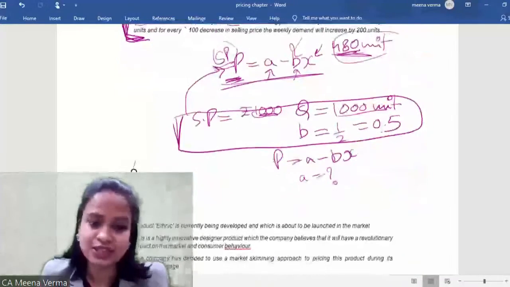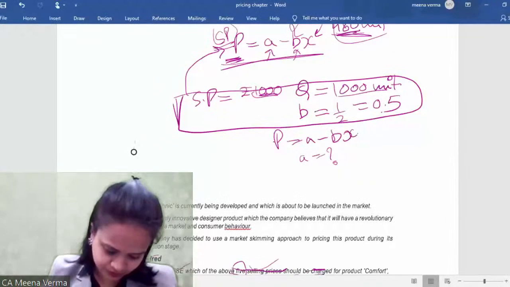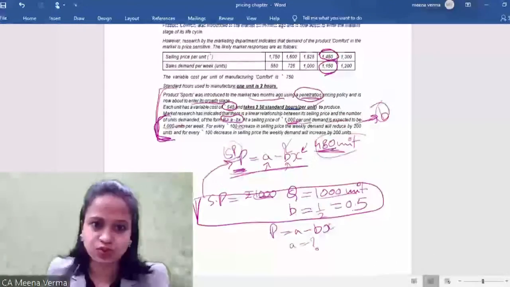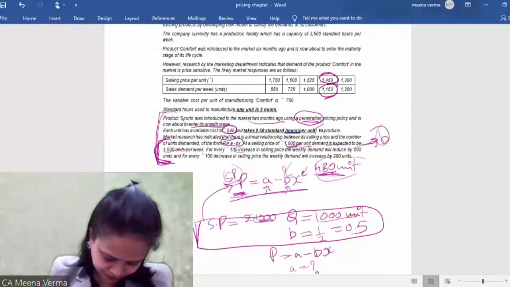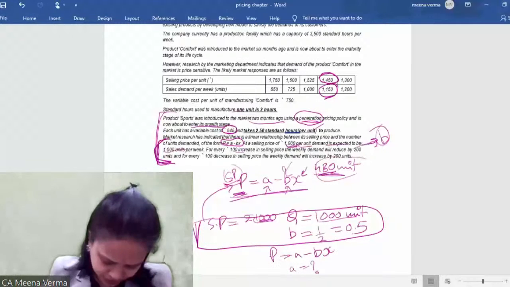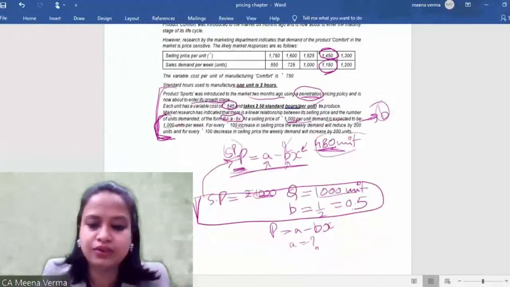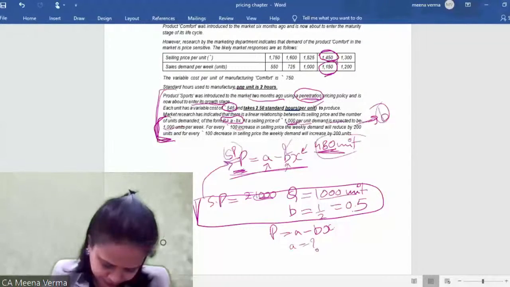Okay. Now let us see the next portion of the question. I hope you have done this portion of the question. Yeah, Ambika. Why is the answer different? 1260, the selling price is 1260.